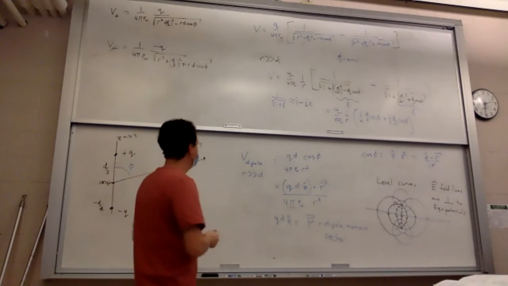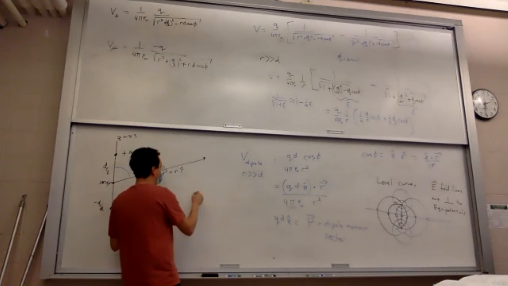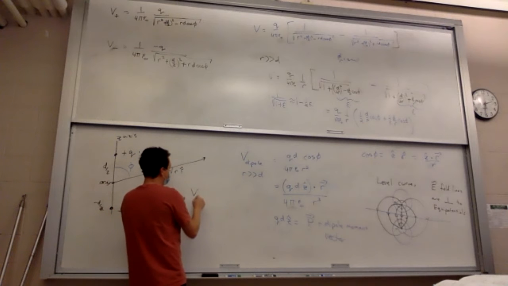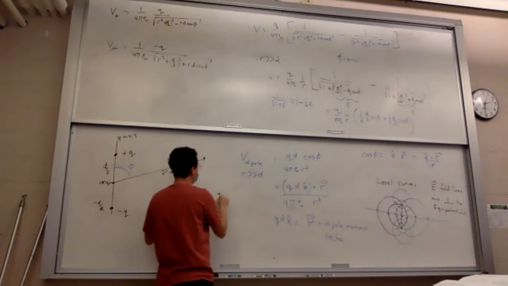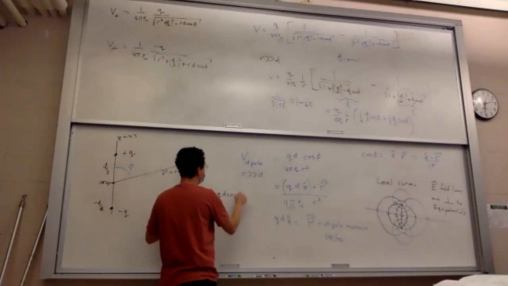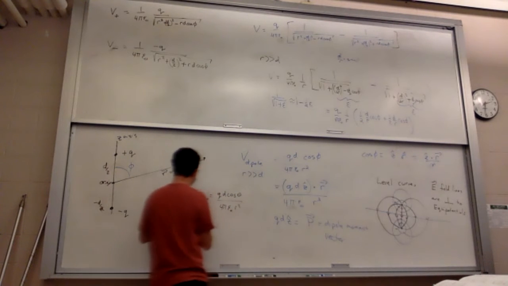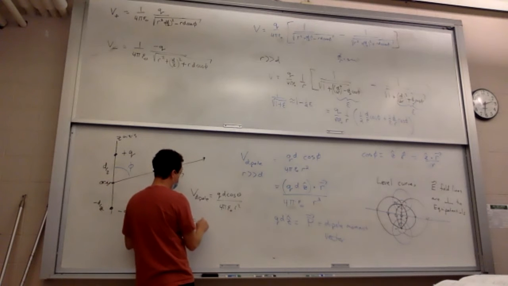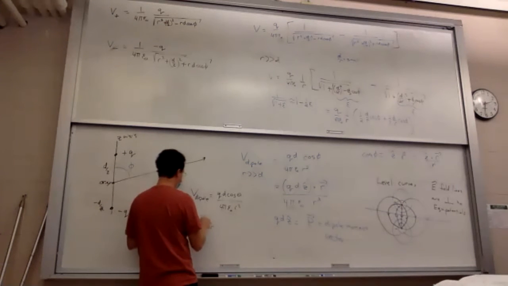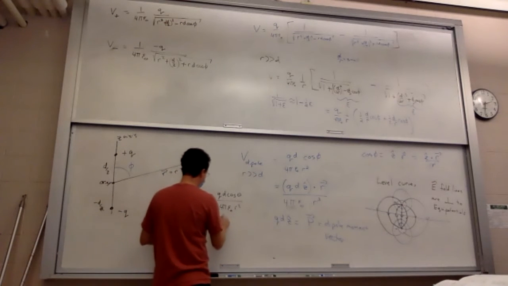Notice, you take this formula, q d cosine theta over 4 pi epsilon naught r squared, and work out the radial electric field. That would be minus dV/dr, r hat.